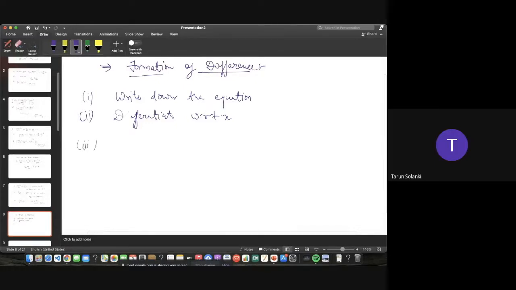And the last is we have to eliminate the arbitrary constants, which involves x, y, dy/dx or d²y/dx² and so on, right? So these are the basic steps which we have to follow.